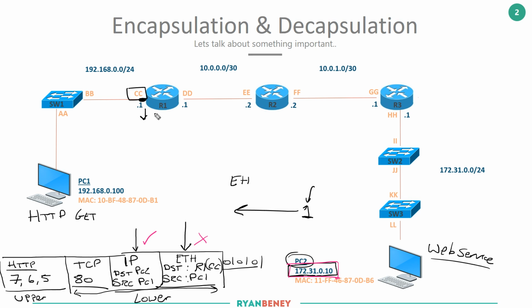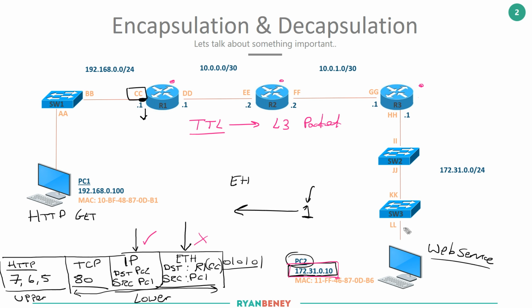So router 1 at this point will do a few things. First of all, the TTL value, the time to live value, which is an attribute of the layer 3 packet, will get decremented. And the TTL value will get decremented by every layer 3 device in the path, so router 1, router 2, router 3, as it traverses to the final destination.